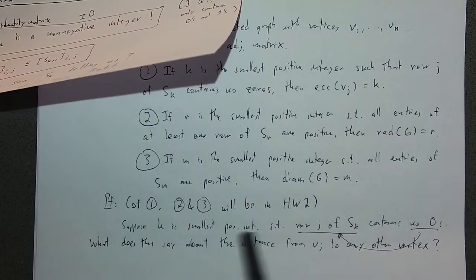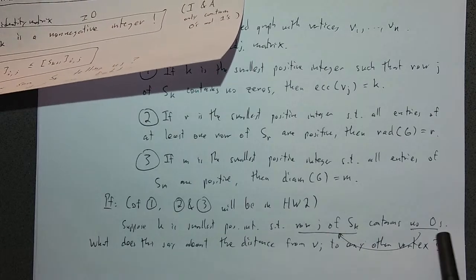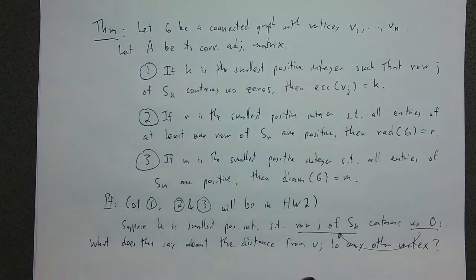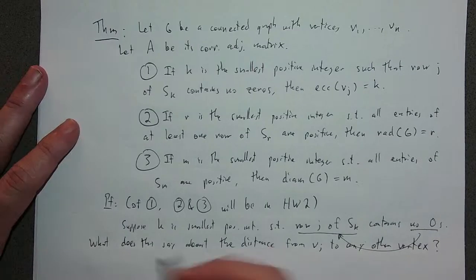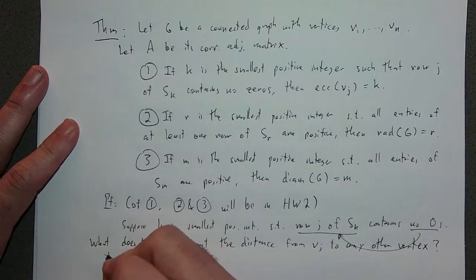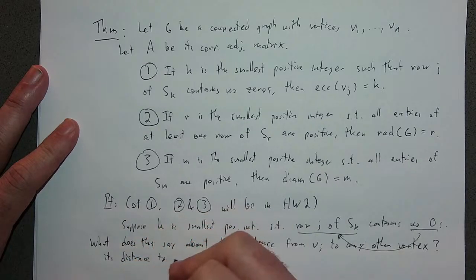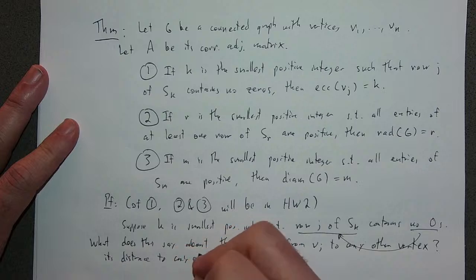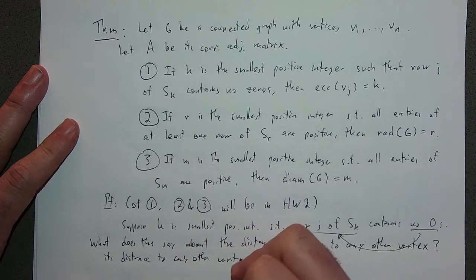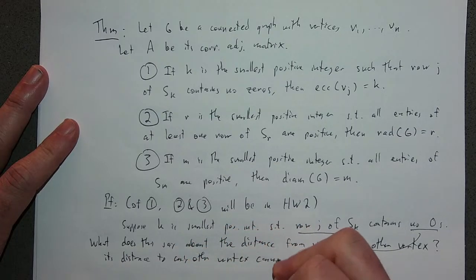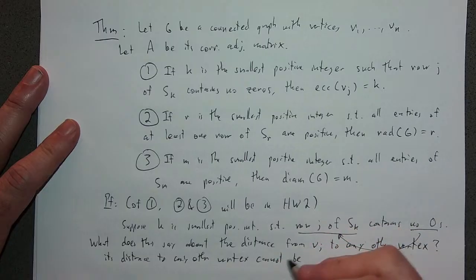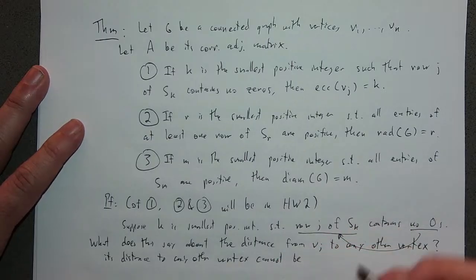But since this row j contains no zeros, the distance from v sub j to any other vertex cannot be greater than k.